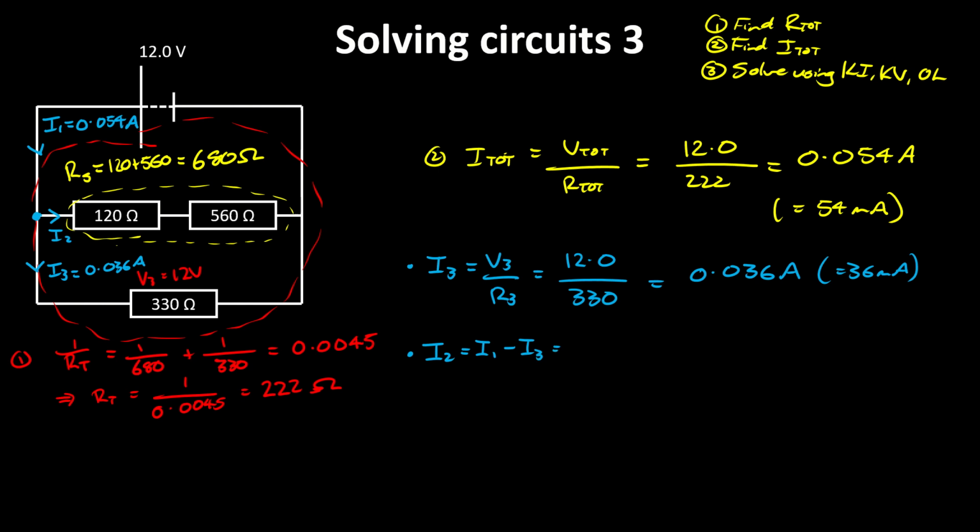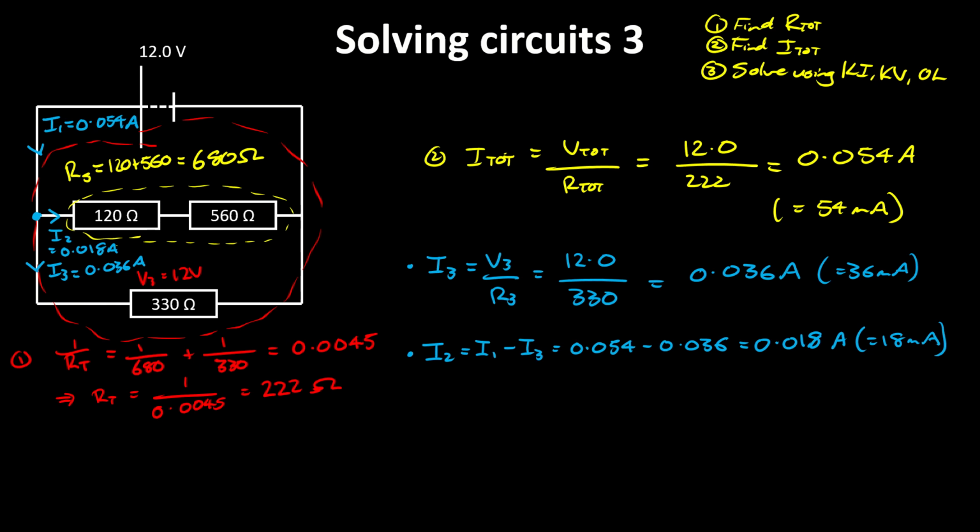So it's 0.054 minus 0.036. Is 0.018 amps, 18 milliamps. So 0.018 amps. Okay. So now we've got all of the currents figured out.